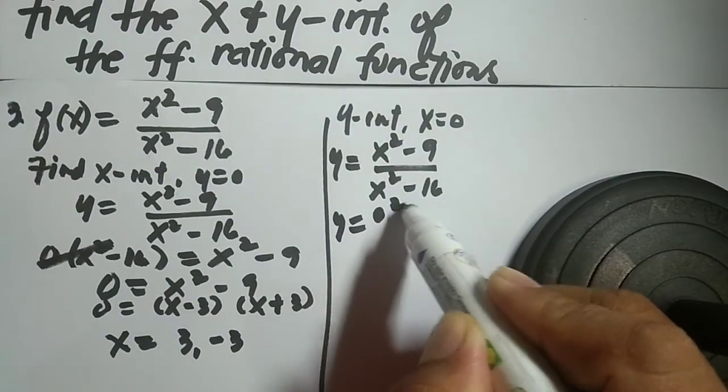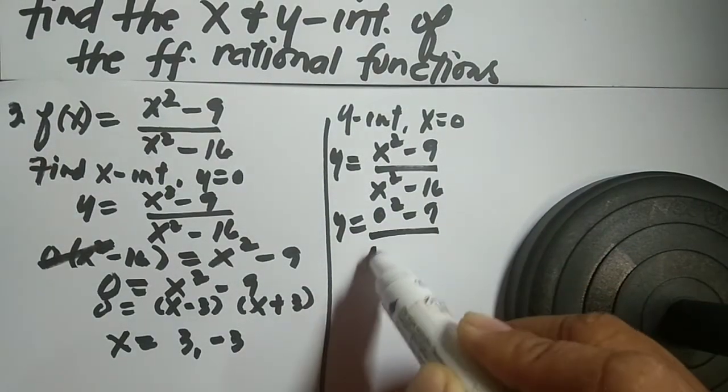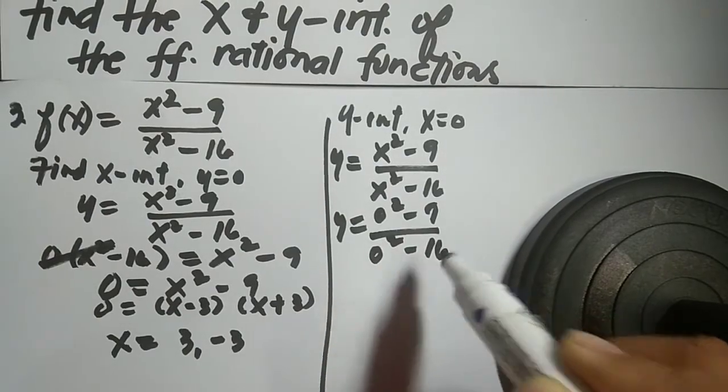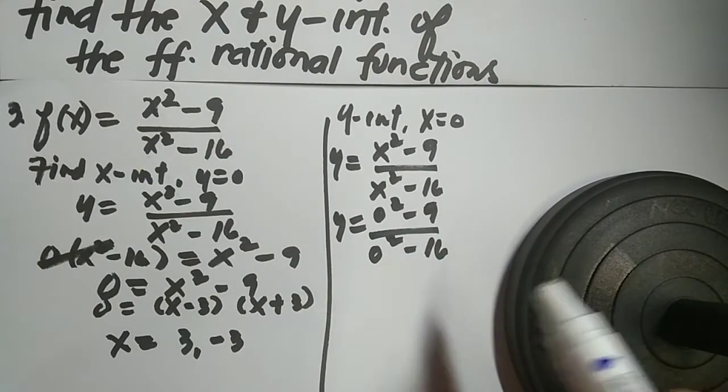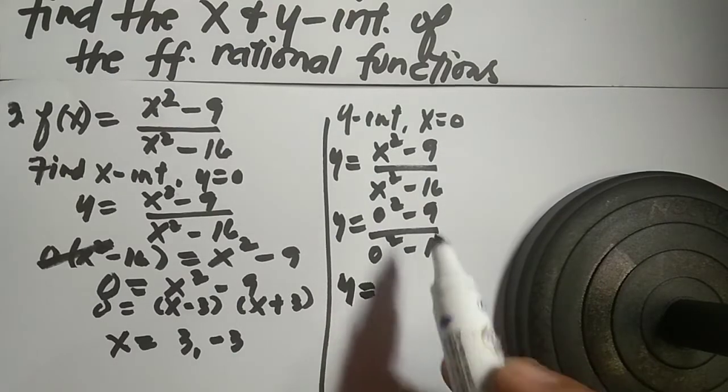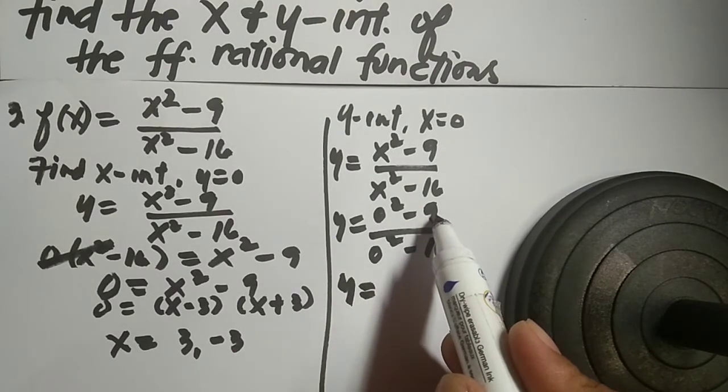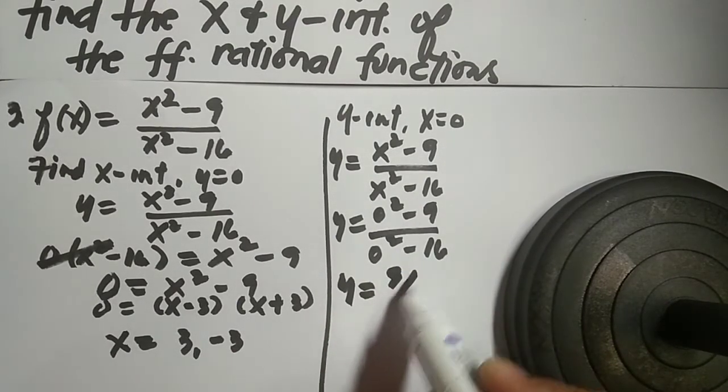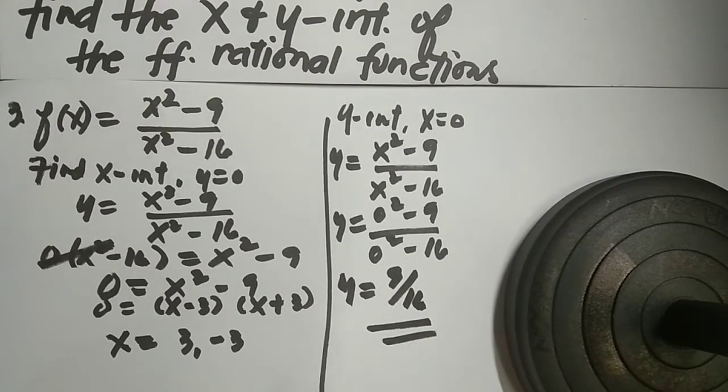So 0 squared minus 9 all over 0 squared minus 16. This is negative 9 over negative 16, so y is positive 9 over 16. So that is the y-intercept, at 9 over 16. That is the solution for problem number 3.